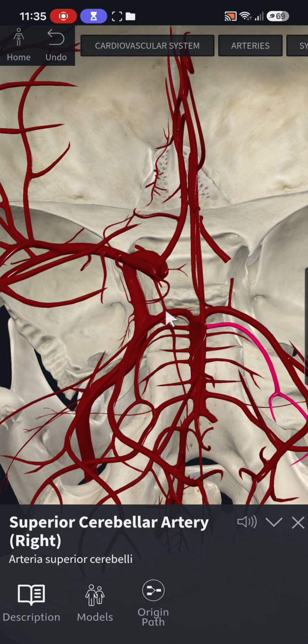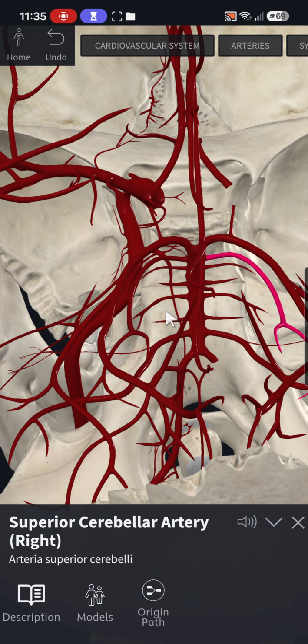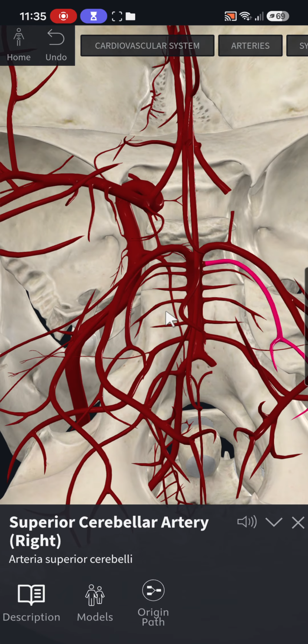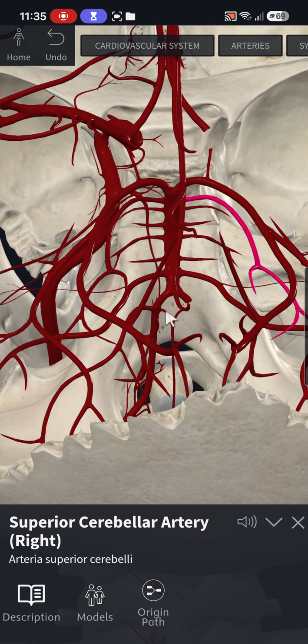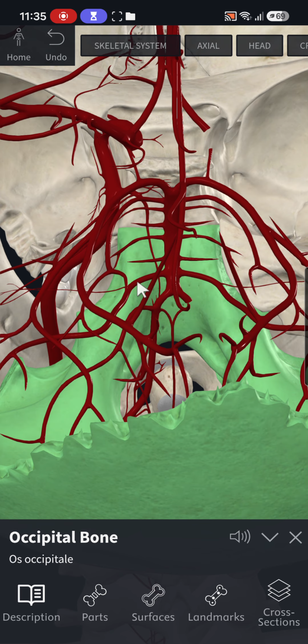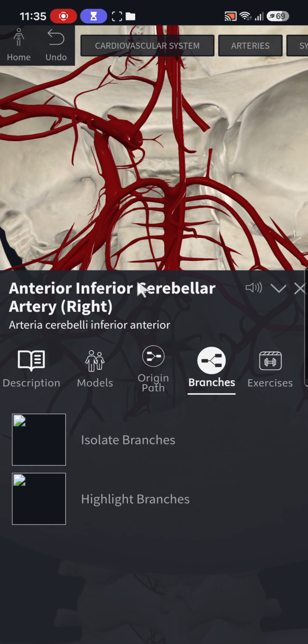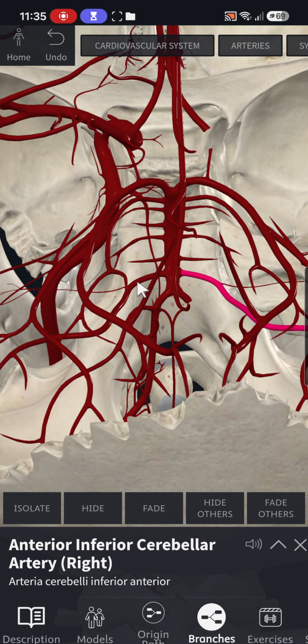The superior cerebellar artery comes from the basilar. And then we have two inferior cerebellar arteries. The anterior one, the anterior inferior cerebellar artery, comes also from the basilar. This is the anterior inferior cerebellar artery.